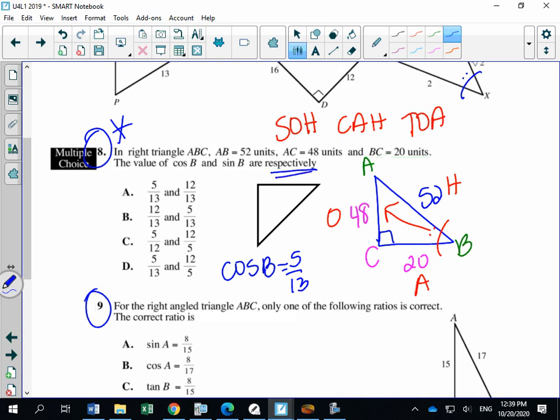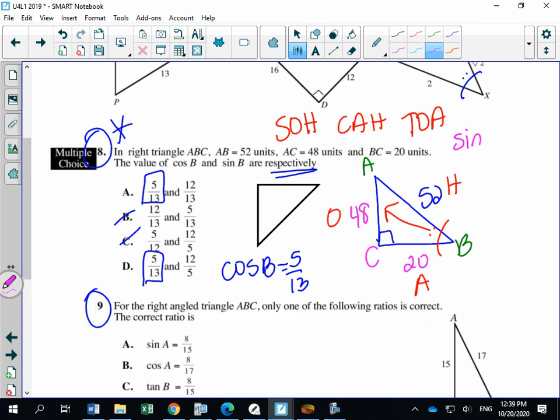When they say this word respectively, what that means is they want the cos of B first, and then they want the sine of B. So what do I know about my two answers? I've just narrowed it down to which two of these, A and D. It's either this guy or this guy. Okay, so B and C are out. So I like this for a test question.